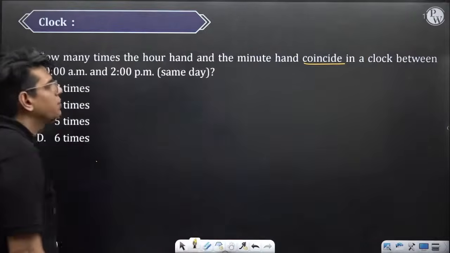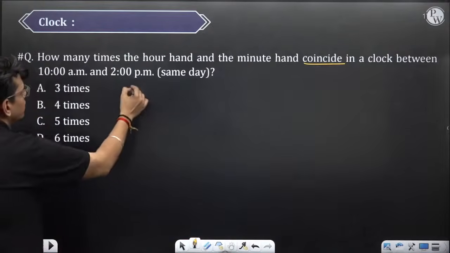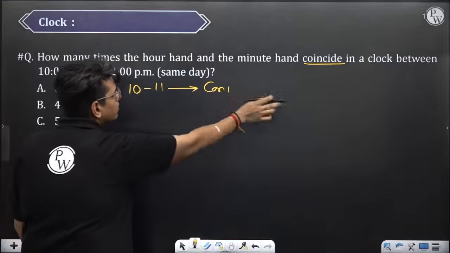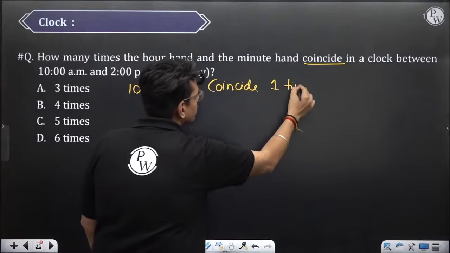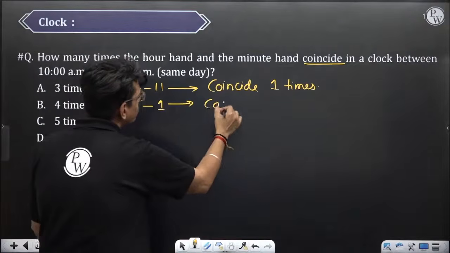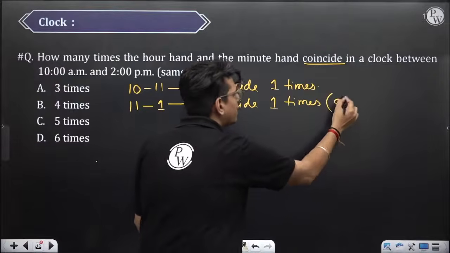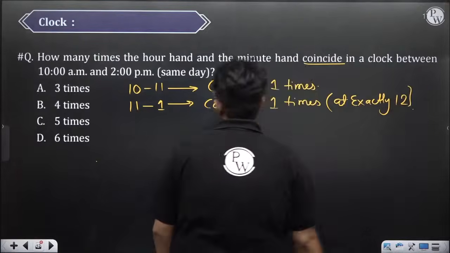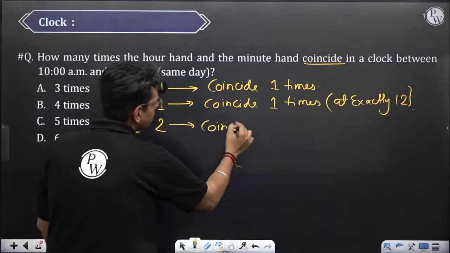The minute hand and hour hand coincide once an hour, but from 10 to 11 they will coincide one time. From 11 to 1 they will coincide one time at exactly 12, right? And between 1 and 2 they will coincide one time.